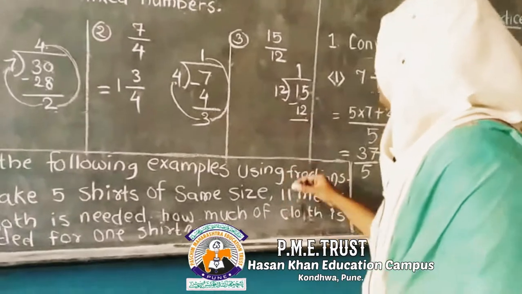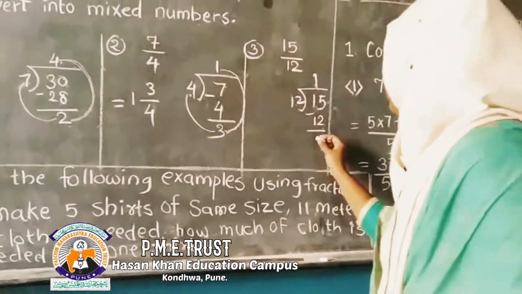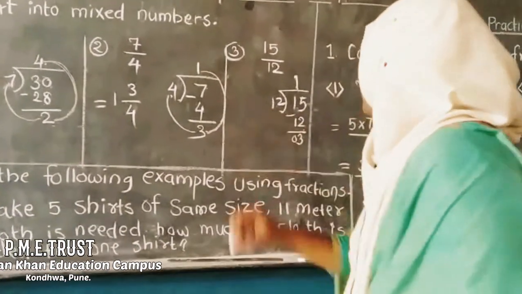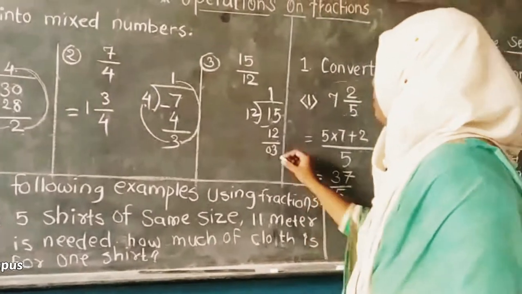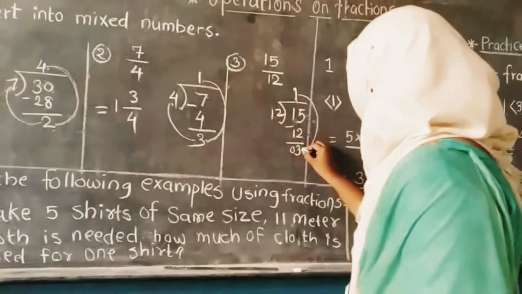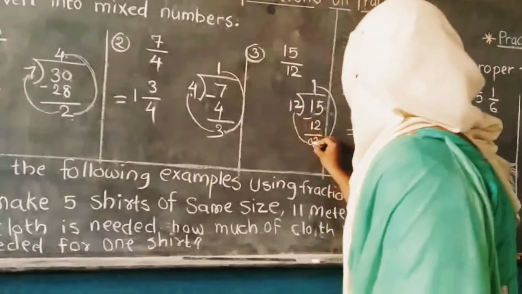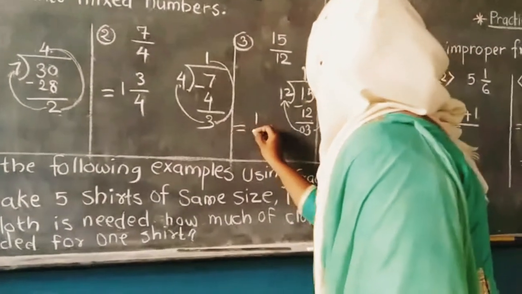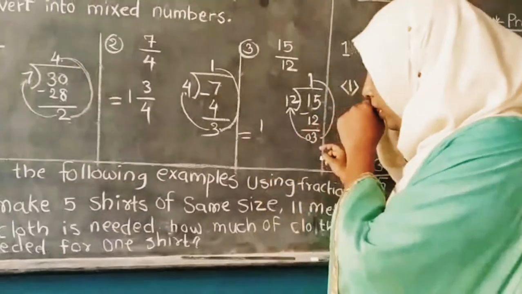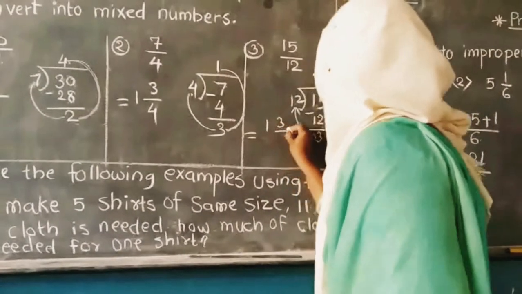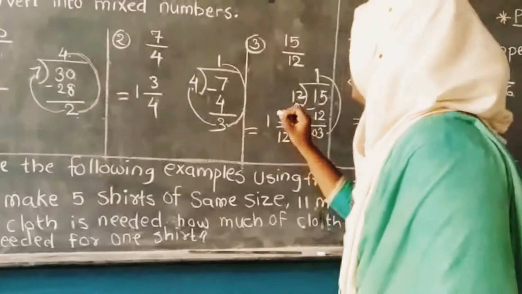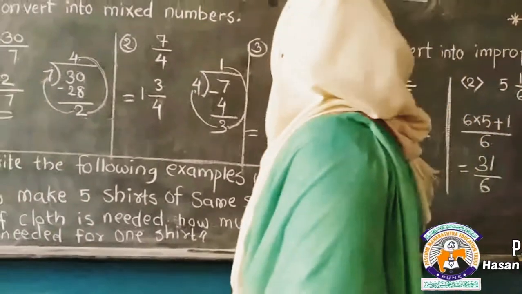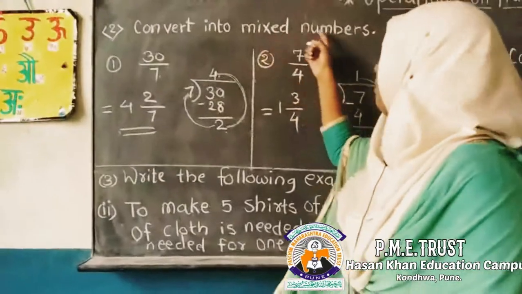How much remaining? 12, 13, 14 and 15. 3 is remaining. The first one here write mixed number as it is, 1, then after 3 and divisor is what? 12 here. This is the mixed fractions.